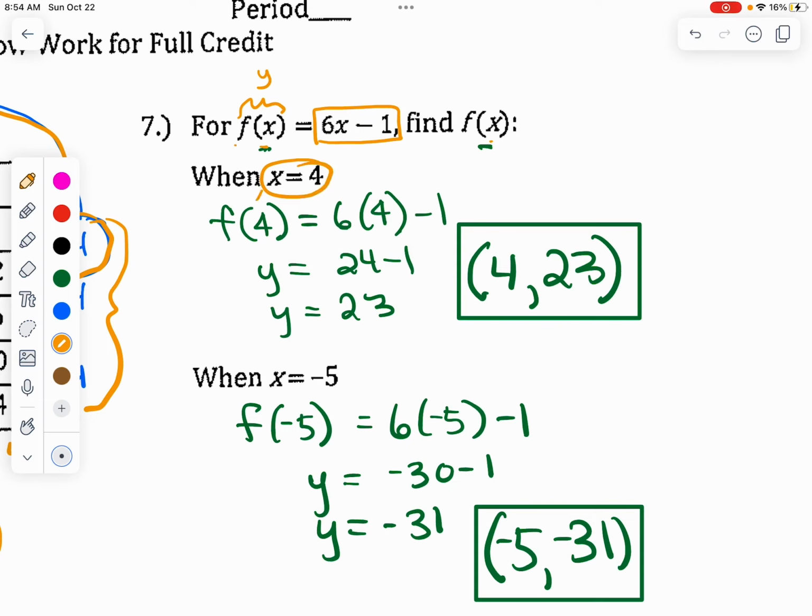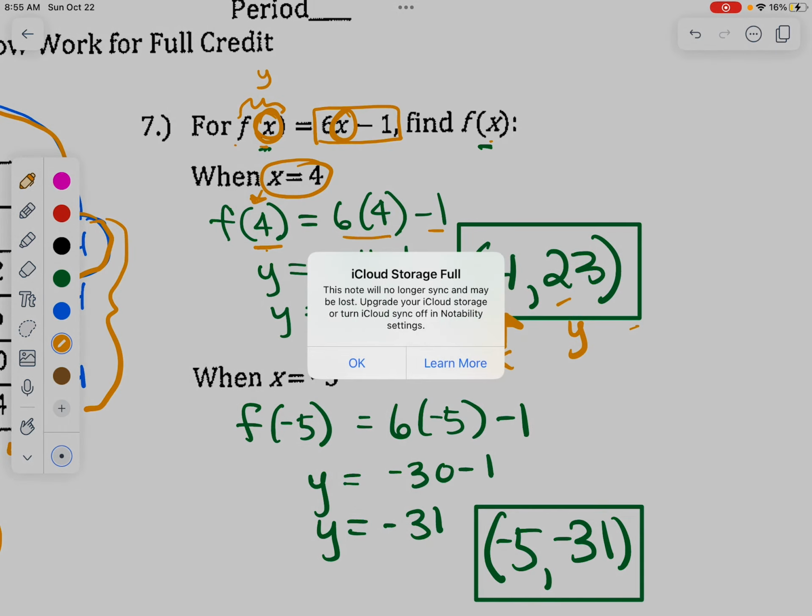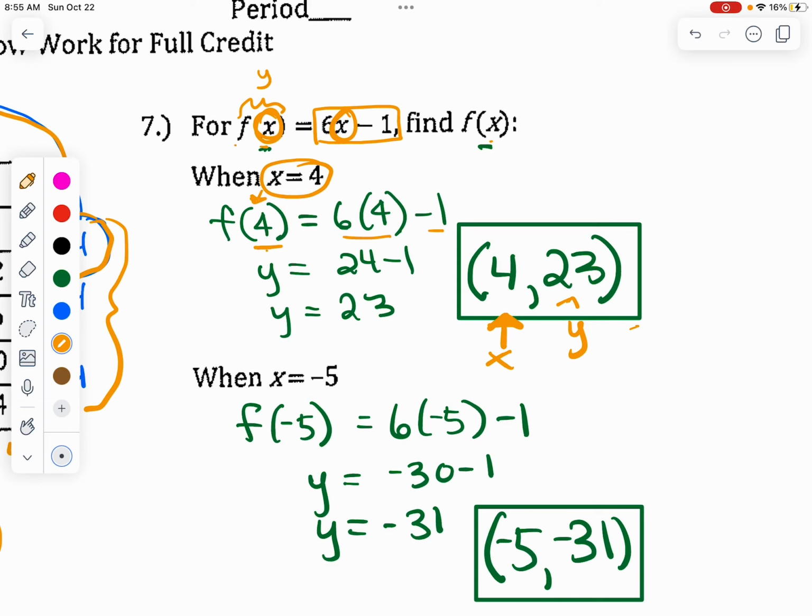So then you're finding f of 4. And you're just substituting in for the x value in both places. So f of 4 is 6 times 4 minus 1, which is 24, minus 1, which is 23. So when x is 4, y is 23, right? And it's a coordinate point because every coordinate point is a solution.